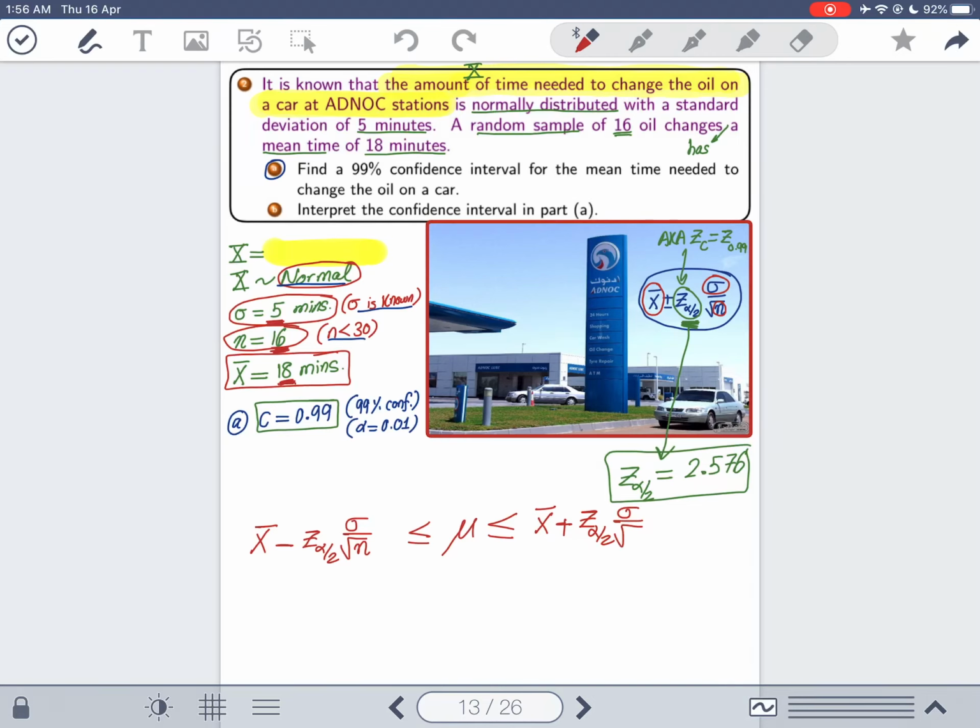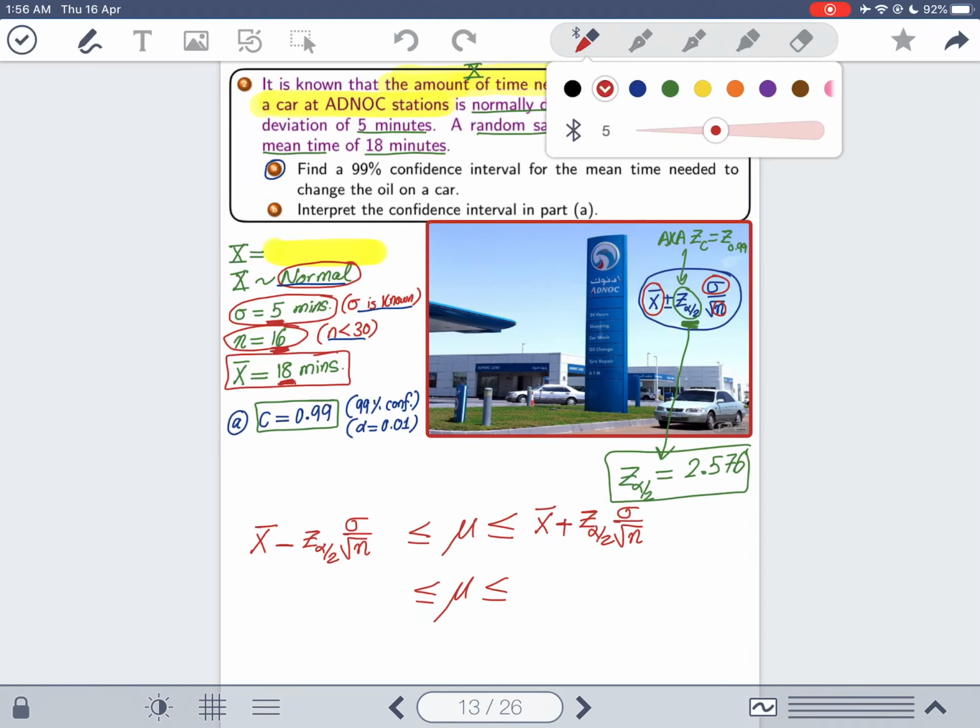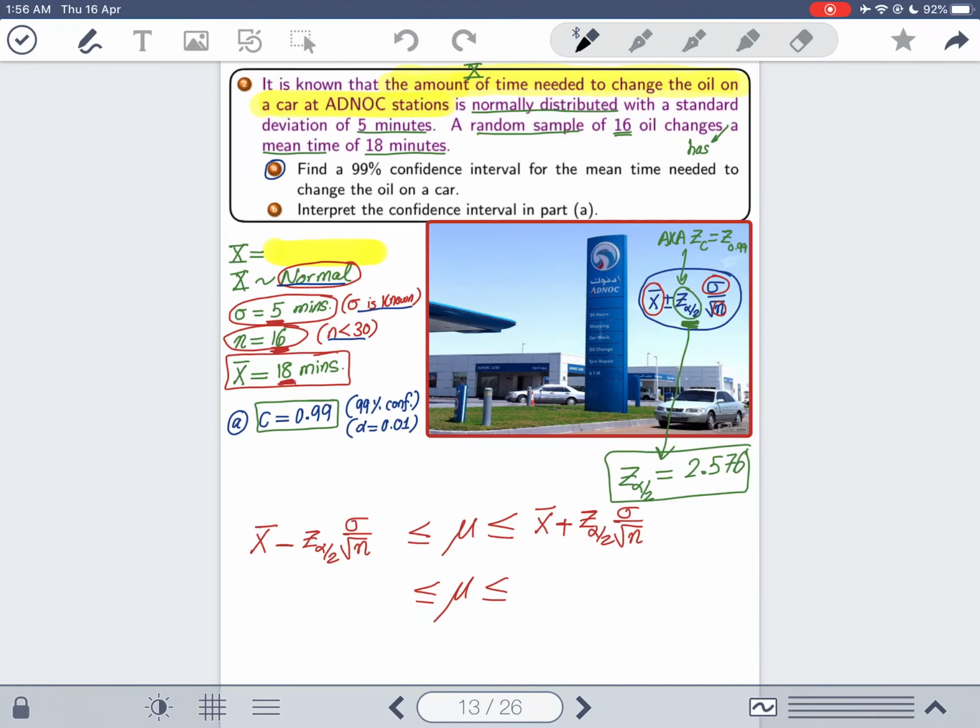Now just write what they are, one by one. x bar is 18 minus z sub alpha over 2, which we just found, 2.576, in parentheses, times the fraction sigma, which is 5 minutes, divided by radical 16, which is the sample size.